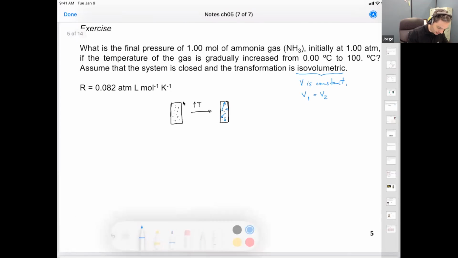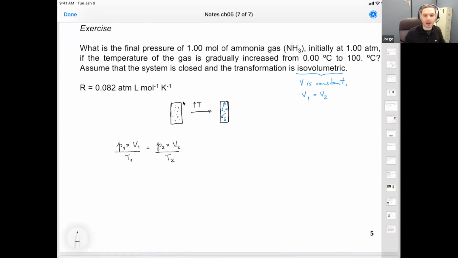Because this is a gas transformation, I can always write that initial pressure times initial volume over initial temperature equals final pressure times final volume over final temperature.